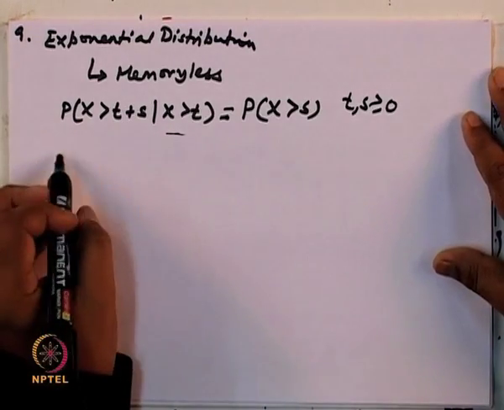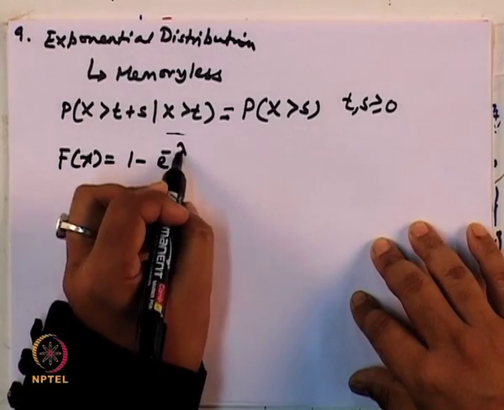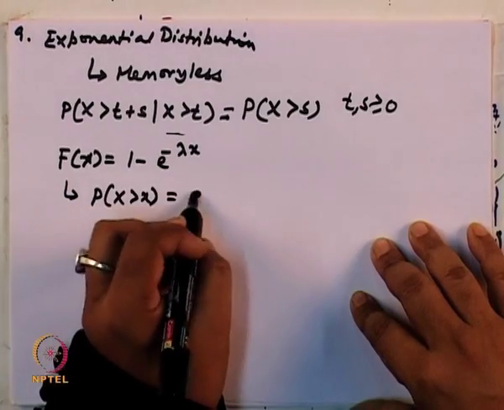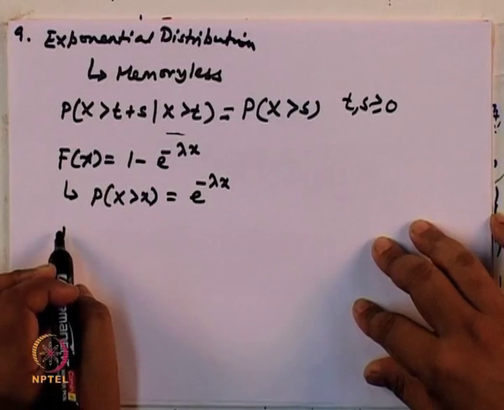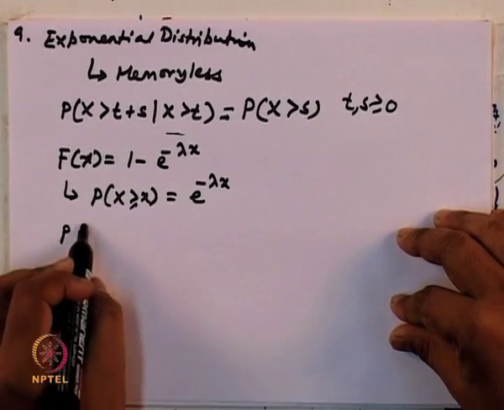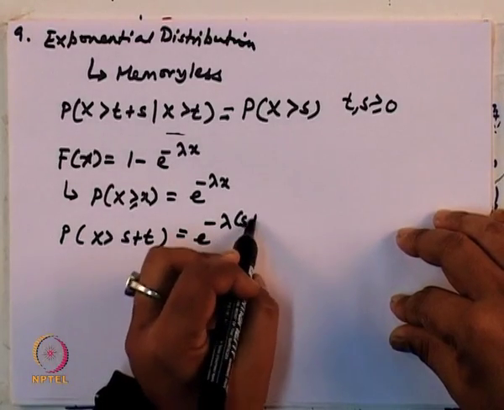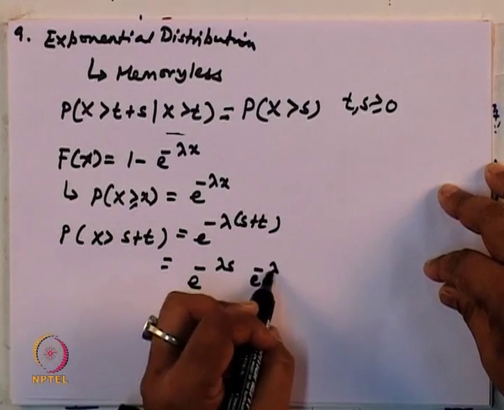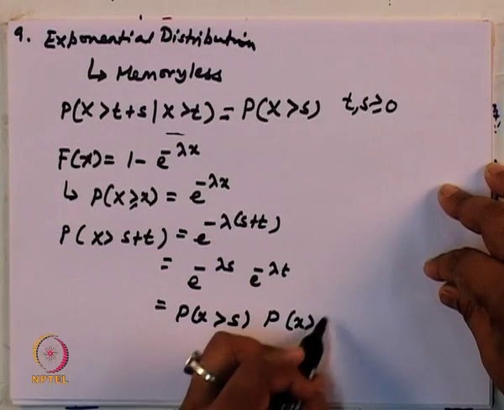We know that F(x) is given by 1 minus e to the power minus lambda x, which would mean that the probability of X greater than x is equal to e to the power minus lambda x. So, the probability of X greater than s plus t would simply be equal to e to the power minus lambda (s plus t). I can break this down as e to the power minus lambda s into e to the power minus lambda t, which is equal to the probability of X greater than s into the probability of X greater than t.